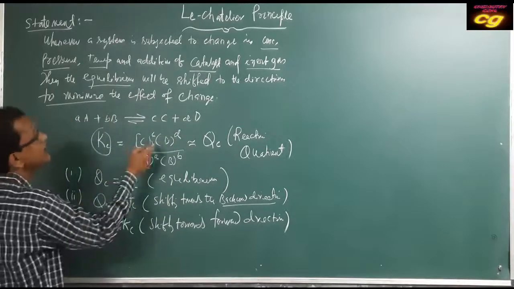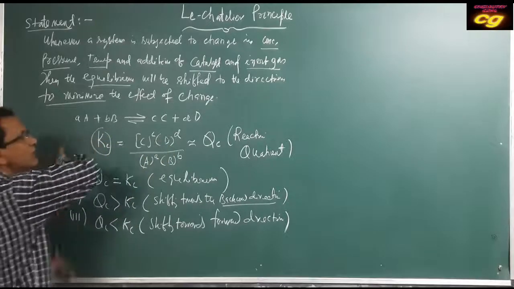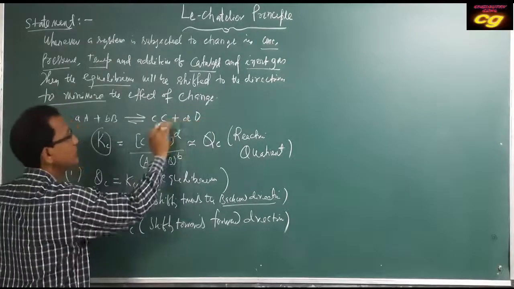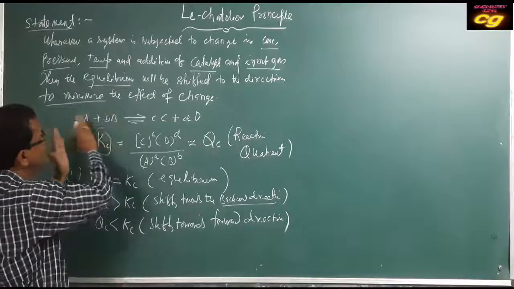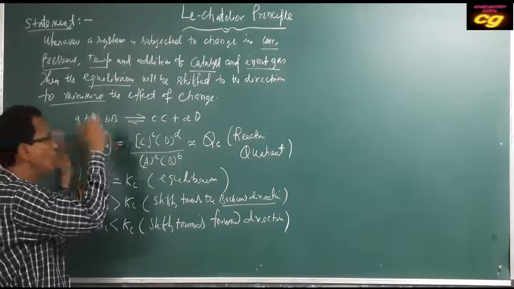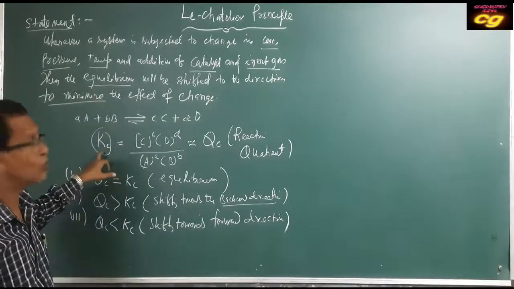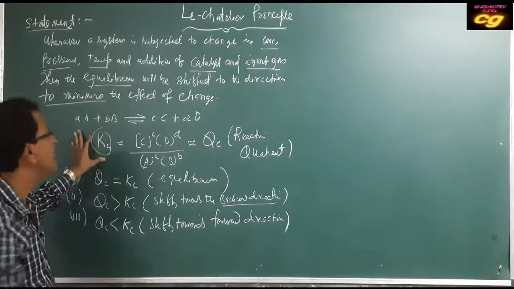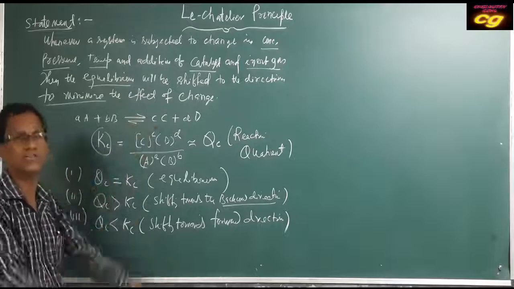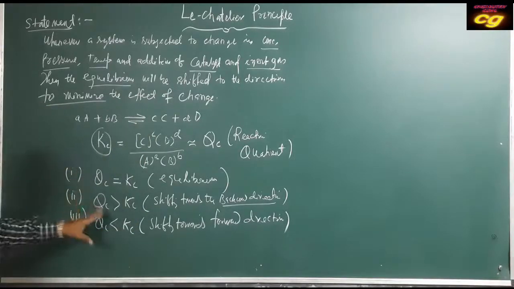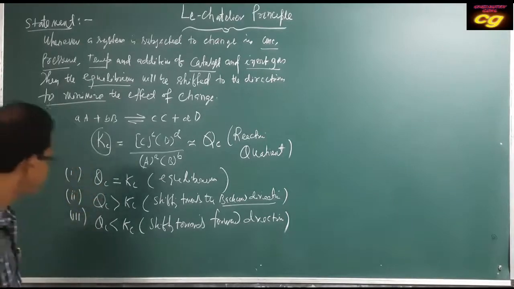If Qc is less than Kc, this value is less, then equilibrium shifts towards C and D, because it will give more C and D to keep Kc constant. So the reactant and product will be changed accordingly. This is the condition for the relation between Qc and Kc.